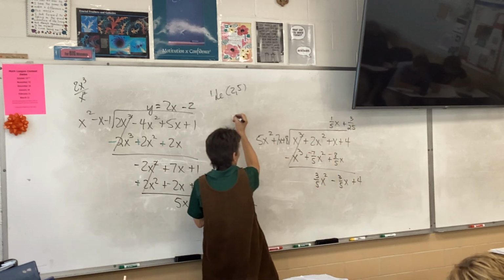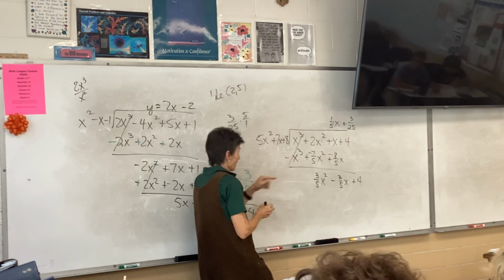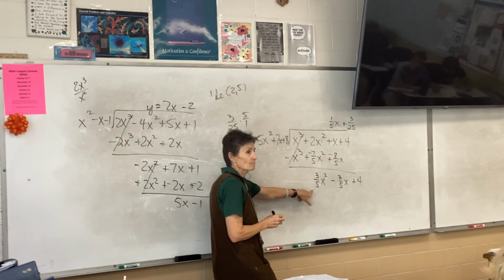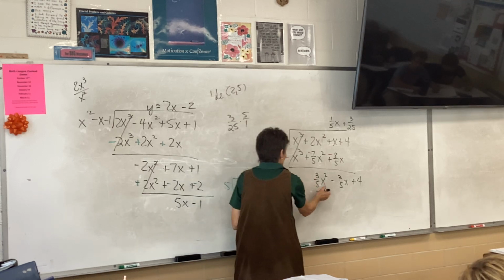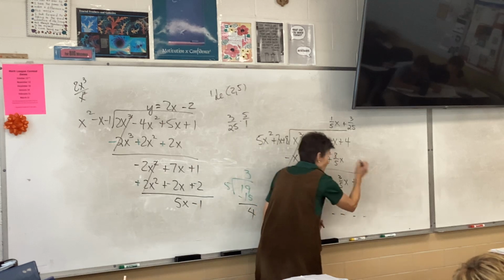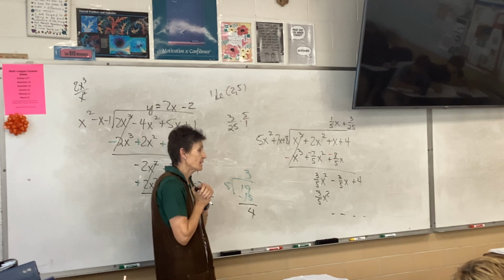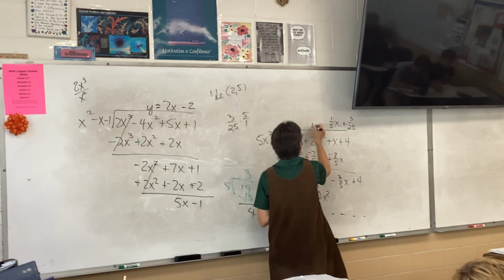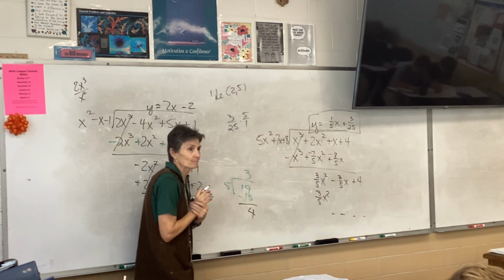All right, let's just check that. What's 3/25 times 5/1? And then you don't even need to do any more, because as soon as you're sure, that's what you're going to get right here. Everything else is going to be the remainder, and you don't need it. So if you had to find the slant asymptote, that would be it.